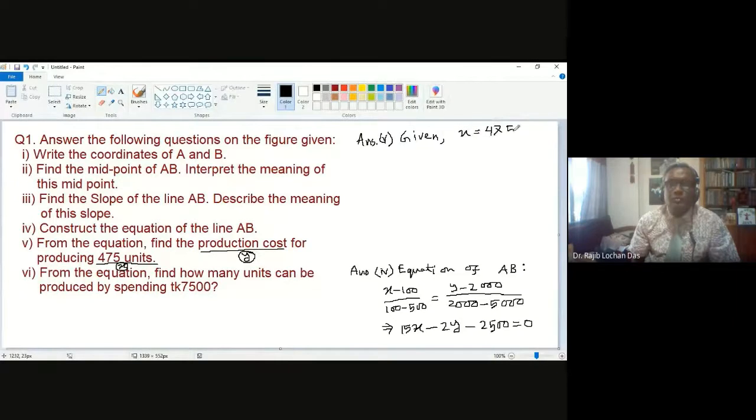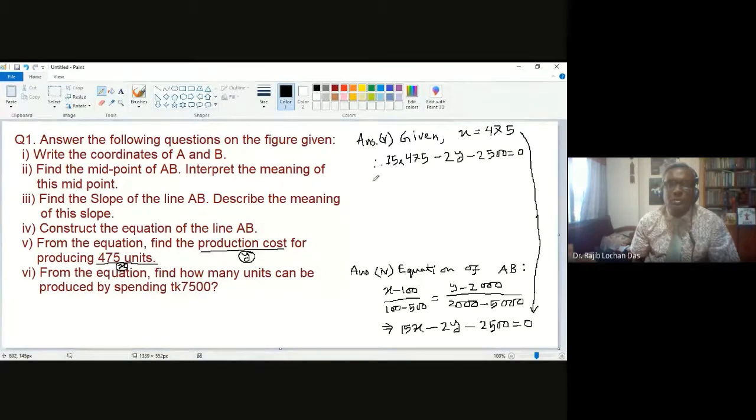So if you put 475 here in the equation, you will find out the Y value. Is there any problem? Not a problem at all. So you will write 15 into 475 and then minus 2y and then minus 2500 equal to 0.